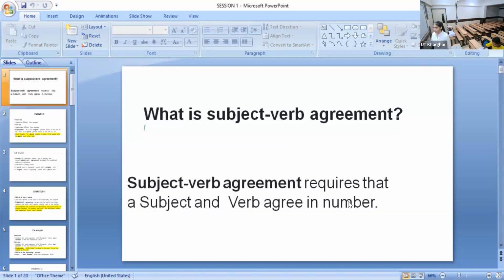So, Saina, what you need to write is, if you can just put down the heading: subject verb agreement, your session 1.